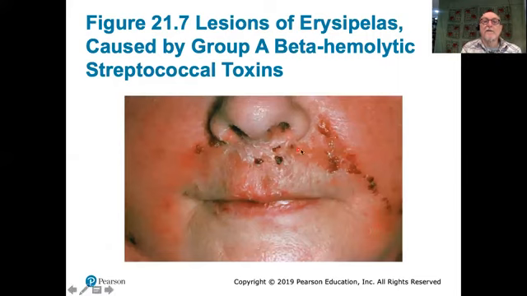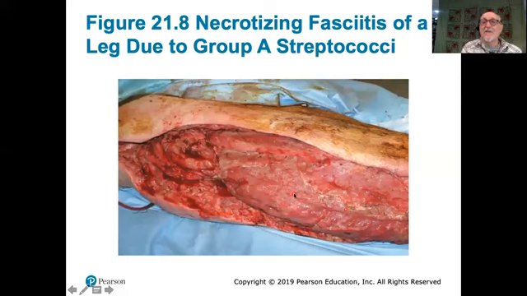So this is erysipelas caused by a beta hemolytic streptococcal strain. This is relatively mild, but you can see exfoliation and the inflammation caused by the bacterium. This, unfortunately, is flesh-eating bacteria, and this is fairly typical because of the powerful high hyaluronidase enzymes that can be produced by the streptococcus.